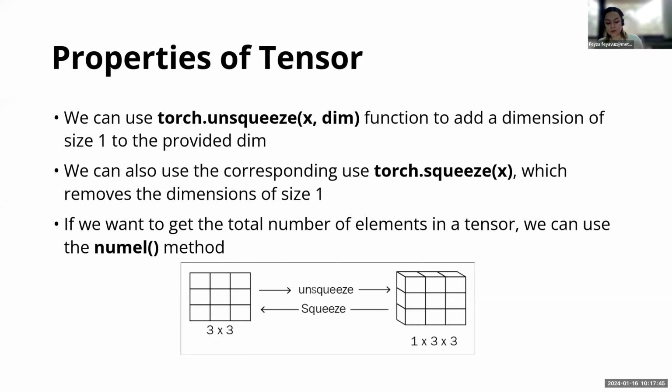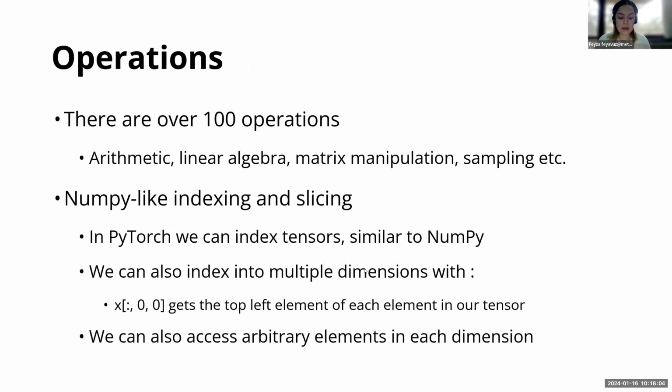There are plenty of methods for manipulating the shape or data type of a tensor, such as flatten, which converts a multidimensional tensor into a one-dimensional tensor. But today we are talking at an introductory level, so these are the basic ones. And now let's see some examples of these functions using Google Colab.